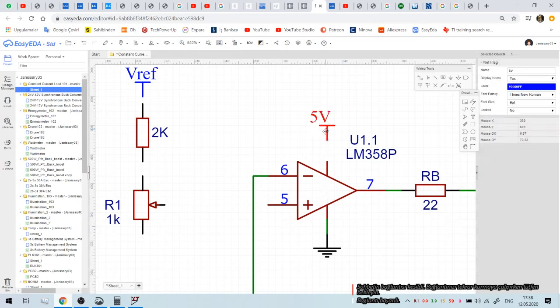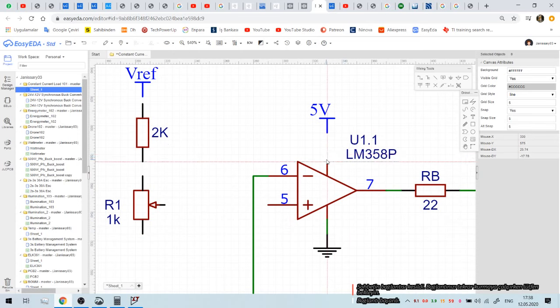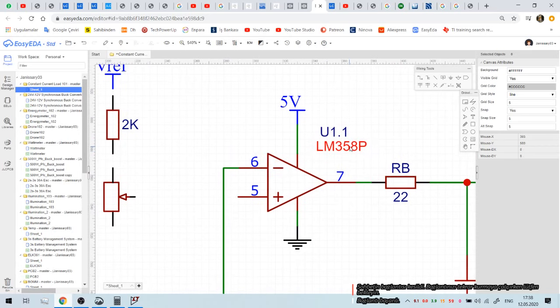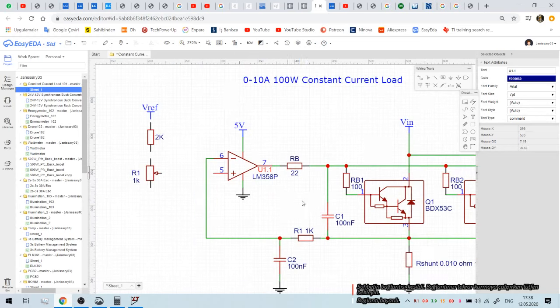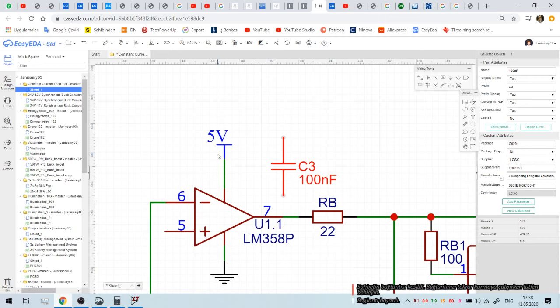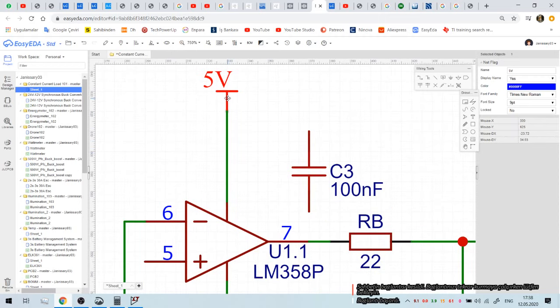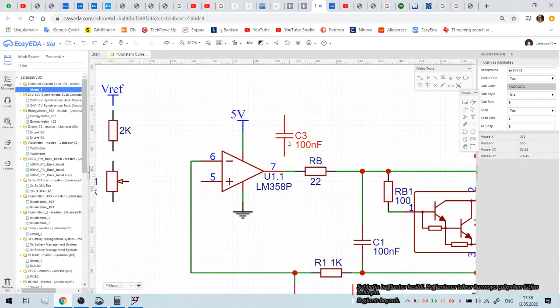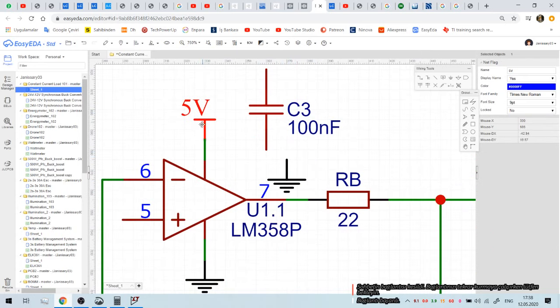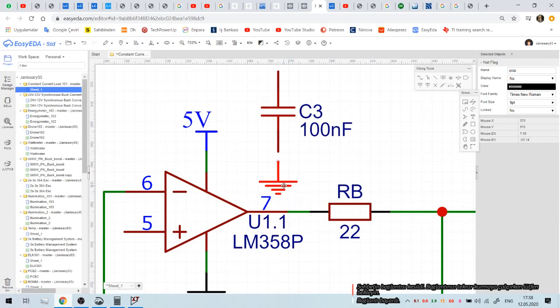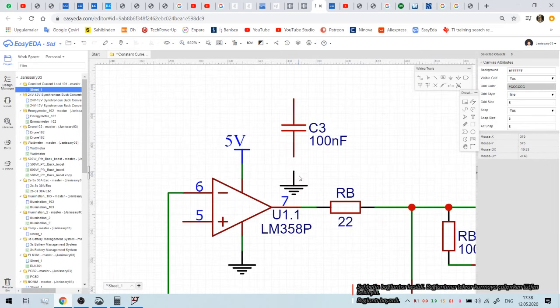I want to add some decoupling capacitors, bypass capacitors, here, near the IC, 100 nanofarad again. It is a basic capacitor rating, because this 5-volt rail cannot be stable. It is not DC.